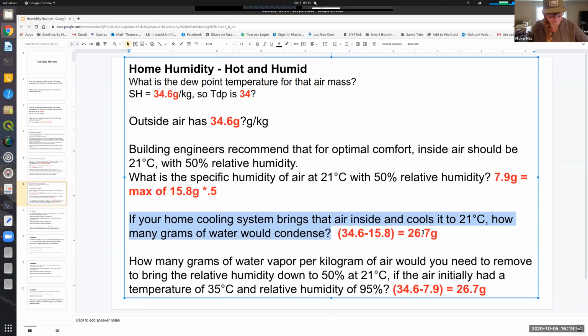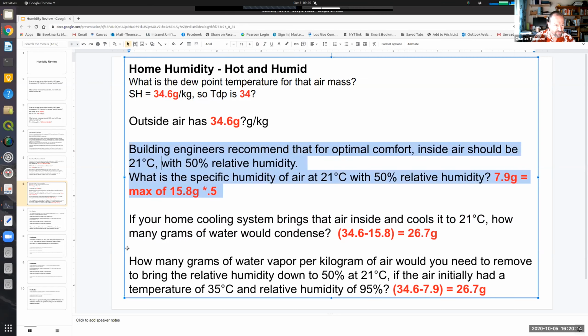So 15.8 minus 7.9. No. Oh no. If it brings that air outside that has 34 grams and cools it to 21 Celsius. Oh, shoot. No, I did it right on purpose.